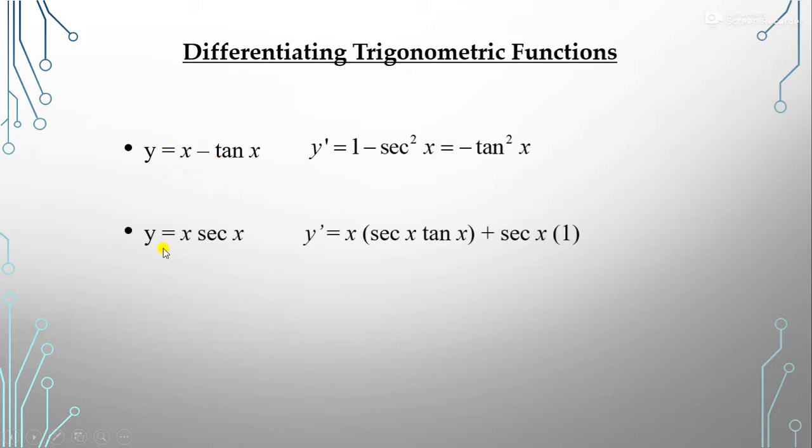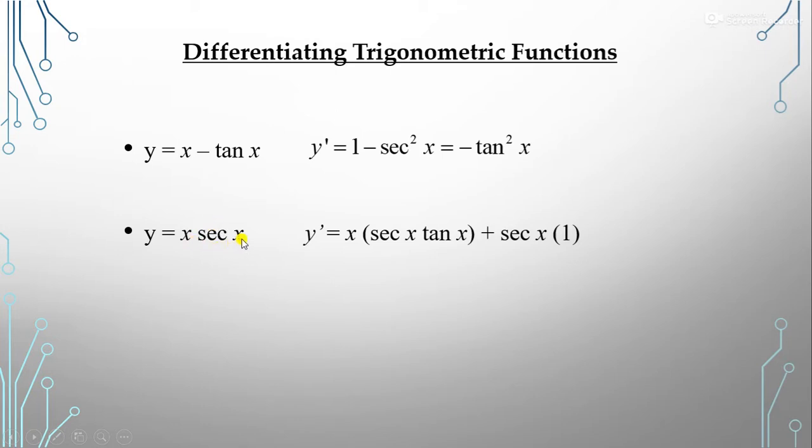Another example, suppose we have y equal to x secant x. How can you differentiate it? Here you have two functions, x and secant x, so you have to use the product rule. So dy by dx equals the first function as it is times the derivative of the second function.